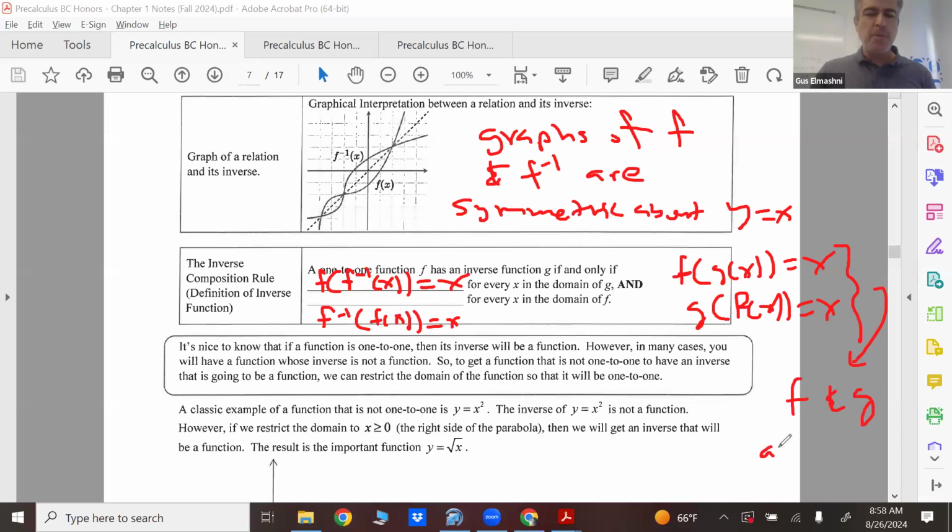I think that's what's supposed to be on those blanks in the previous page, but that's okay. I'm going to explain it here. You might remember that from last year. If you have two functions and the composites always result in x, then they're inverses of each other. And same thing over here. I'm just using the inverse notation, but it's the composite rule, right? There we go.